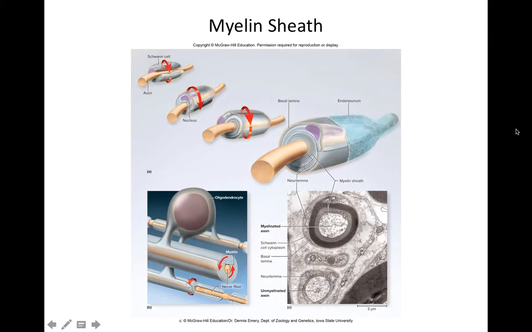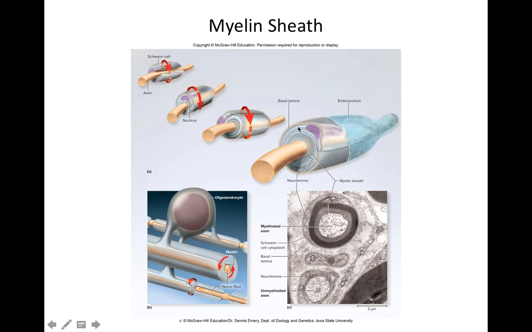So here we'll take another look. Here's our single oligodendrocyte, and you can see multiple projections coming off of it that are simply plasma membrane wrapped and wrapped and wrapped and wrapped around. Here you have a complete Schwann cell that wraps itself around, and you end up with the neurolemma out here.